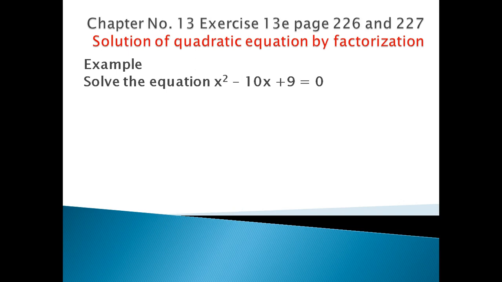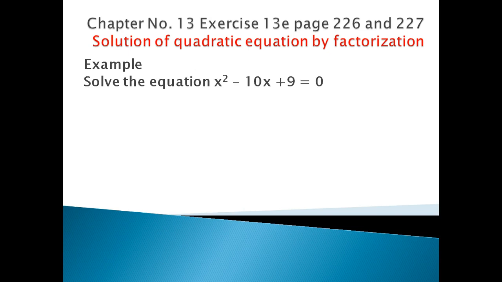This is the quadratic equation. When a variable has a maximum power of 2, it is called a quadratic equation. When the power of the variable is a maximum of 3, it is called a cubic equation. Chapters number 11, 12 and 13 are all similar chapters that we have been discussing for almost 2 months, or 1.5 months.